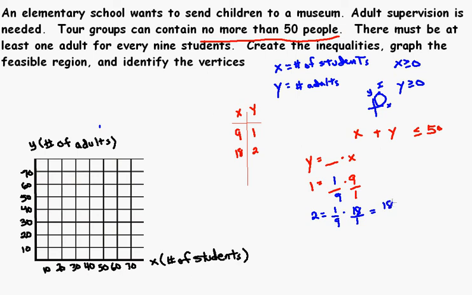So if I had to write a second inequality, it's going to be Y. Now can it be more than 1? Yes. Notice the phrase here: there must be at least 1 adult. So Y is going to be greater than or equal to 1/9 X.